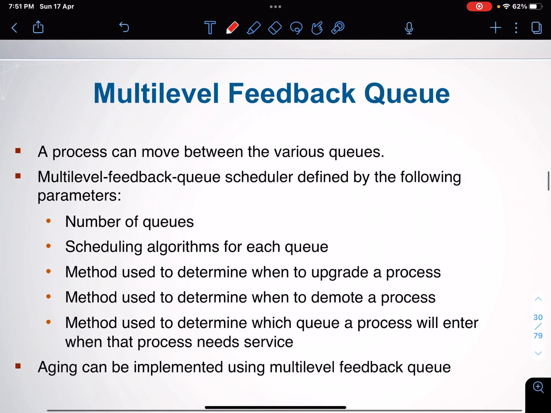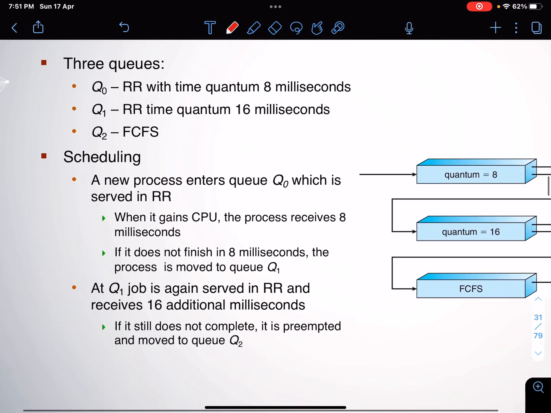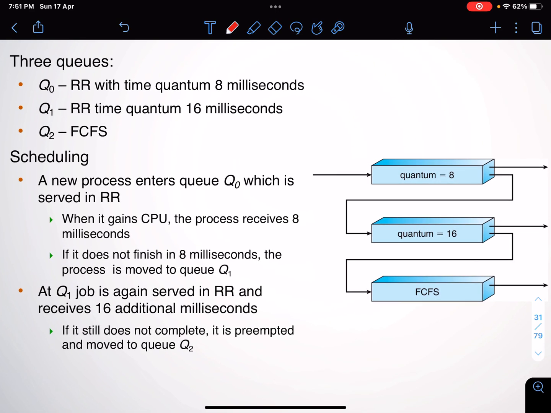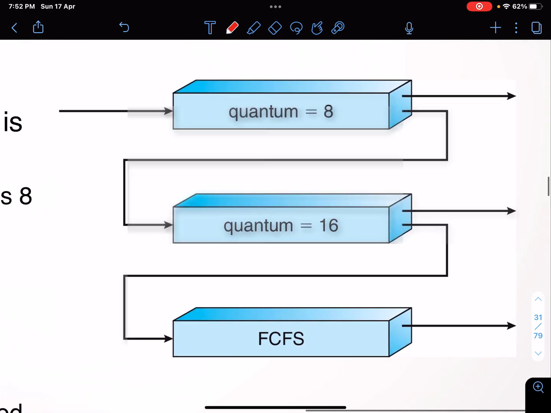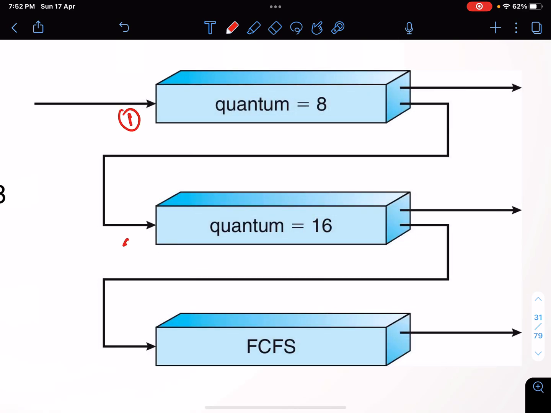The other one is called multi-level feedback queue, and it actually classifies based on burst. What happens here is as follows. Assume that we have those 3 queues, 1, 2, 3.